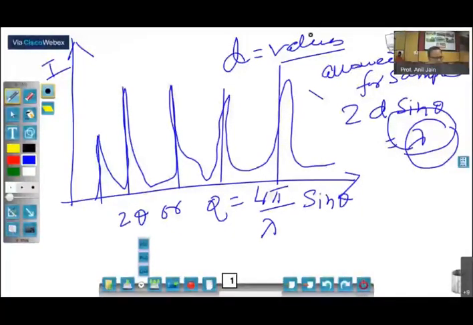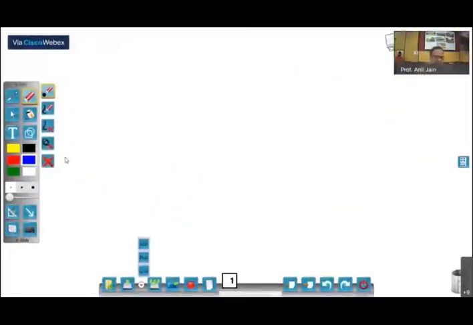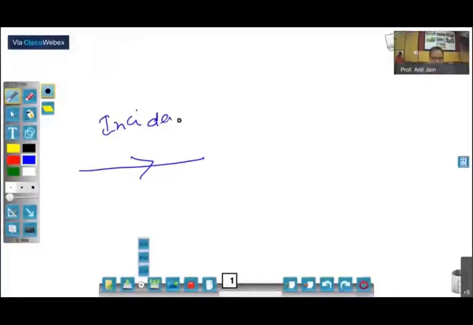Now, before going to this, I just wanted to mention one more thing about what you have in a typical powder diffraction experiment. You have an incident beam of neutron or X-ray, characterized by its wave vector ki, and it falls on your sample. Since you have a powder sample, you have crystallites which are randomly oriented.